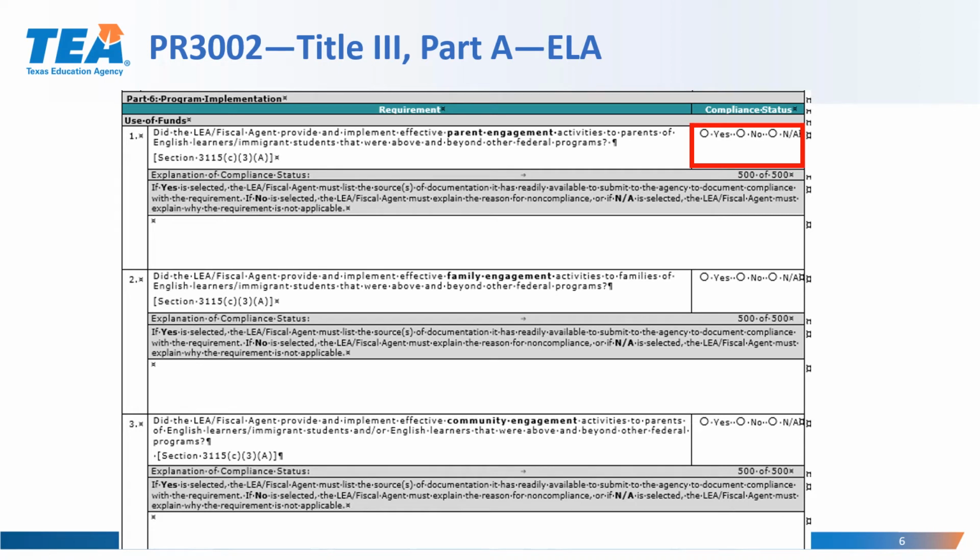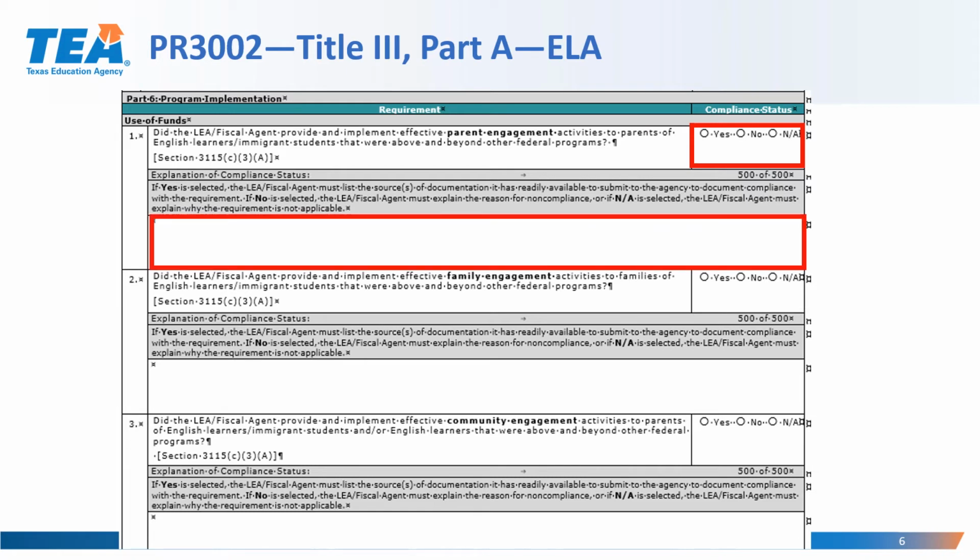Part 6 has 3 program implementation questions related to Title III Part A. In the first one, did the LEA provide and implement effective parent engagement activities to parents of English learners that were above and beyond other federal programs? Yes, no, or not applicable.